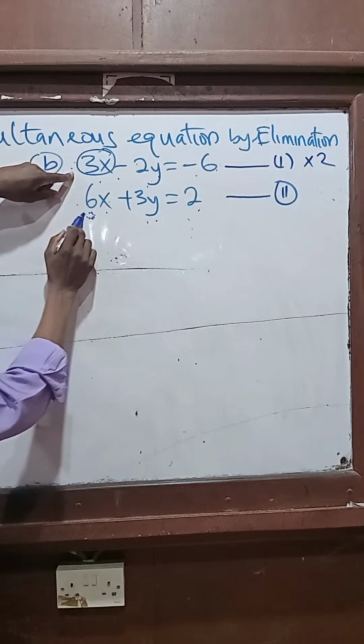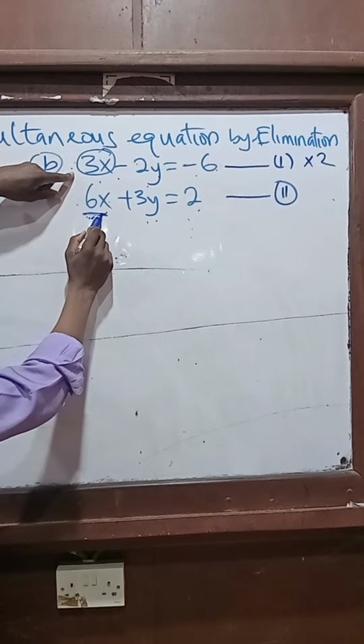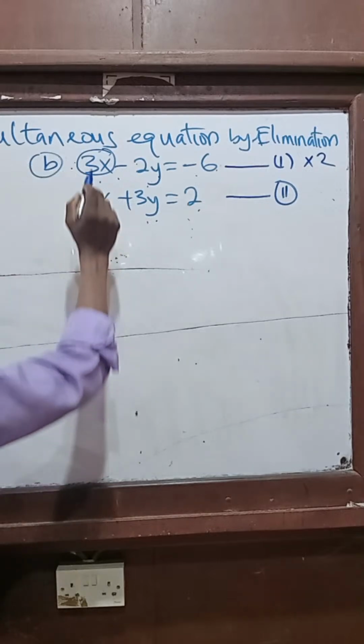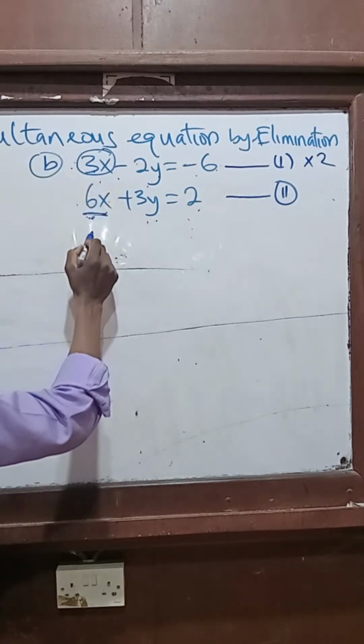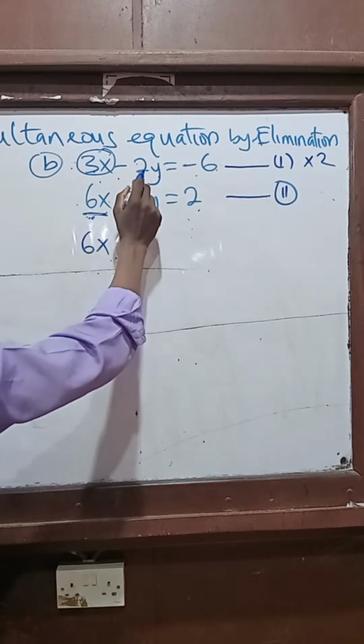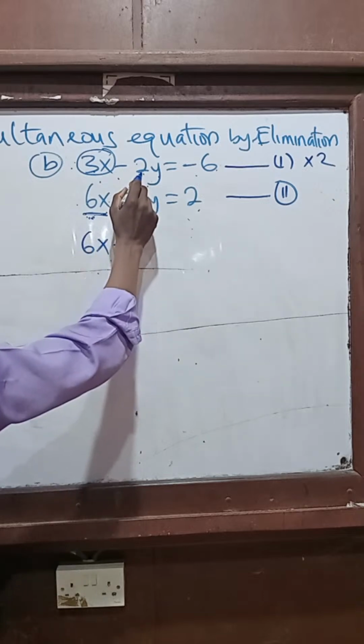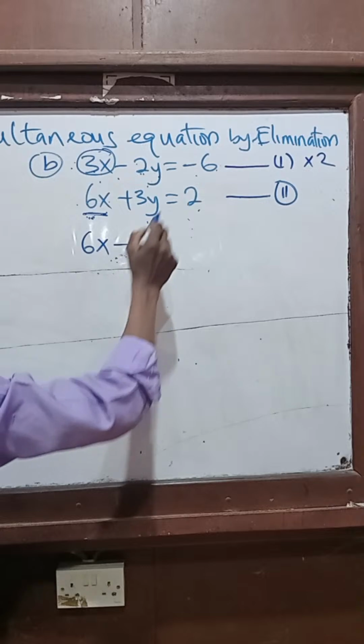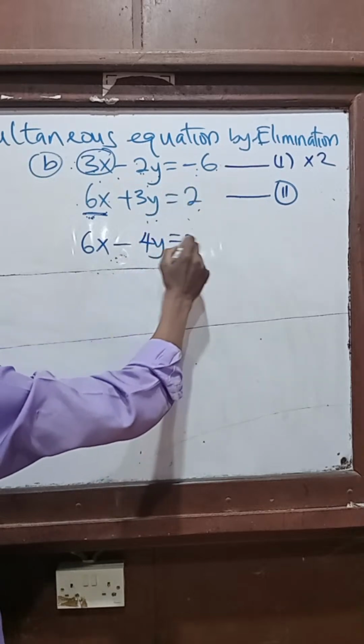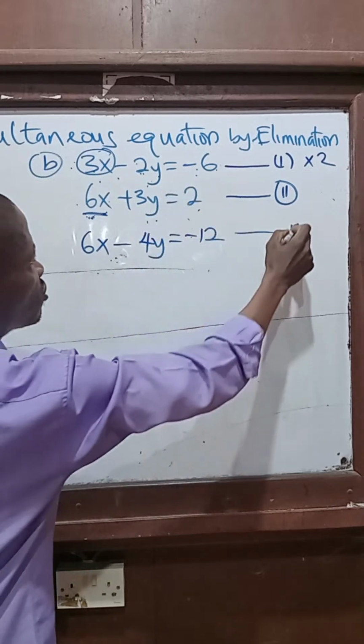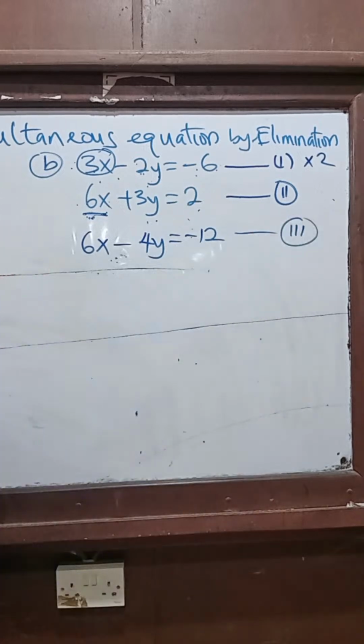So equation 1 times 2 becomes 6x minus 4y equal to minus 12. Call this one equation 3.